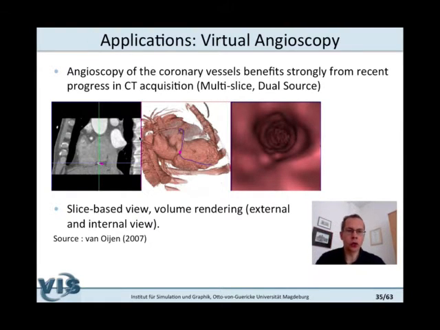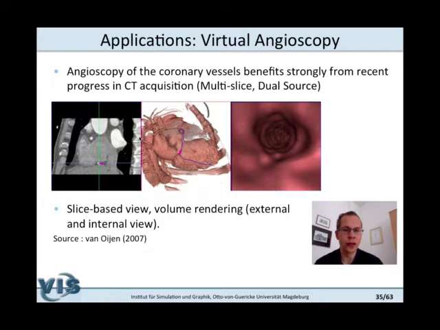Yeah, angioscopy, I mentioned this as well briefly, but want to show it here with an example, is another important application of virtual endoscopy. So here the virtual camera is moved inside vascular structures and in particular inside the coronary vessels. That was not possible, I would say, 15 years before.